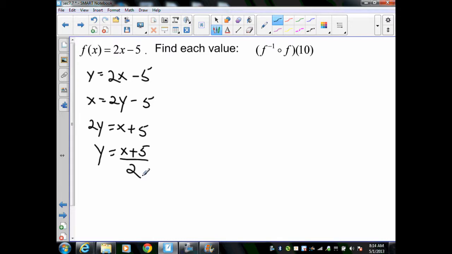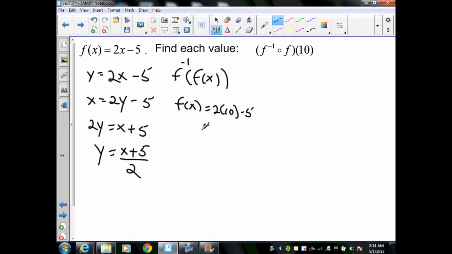Now what I can do is find this value, which would be f to the negative 1 of f of 10. So I want to substitute 10 into f of x. When I do that, that's going to give me 2 times 10 minus 5.